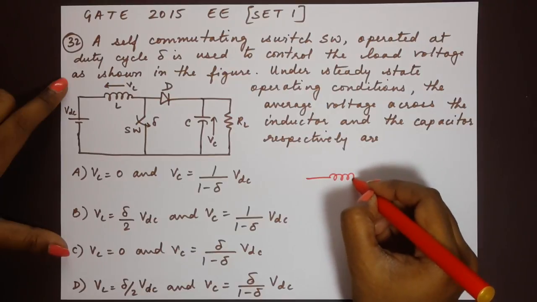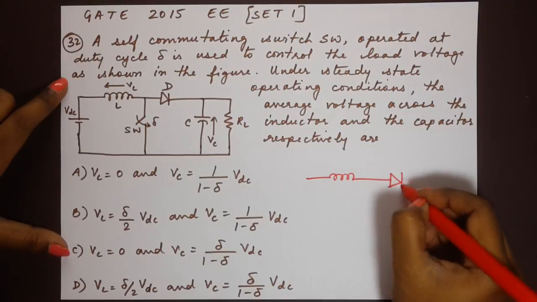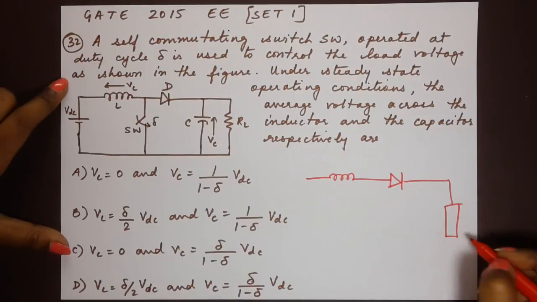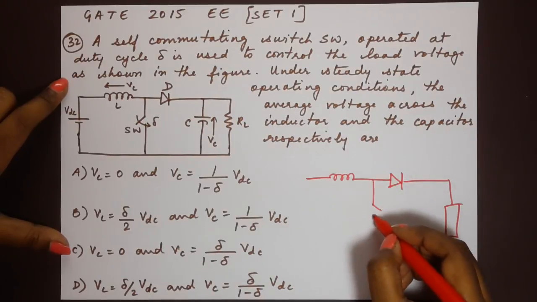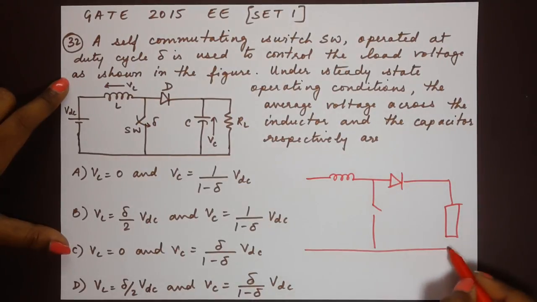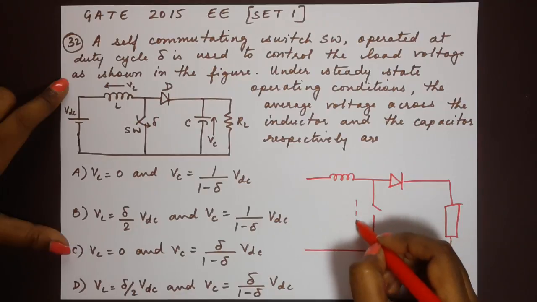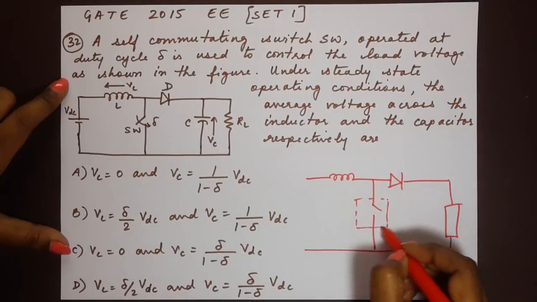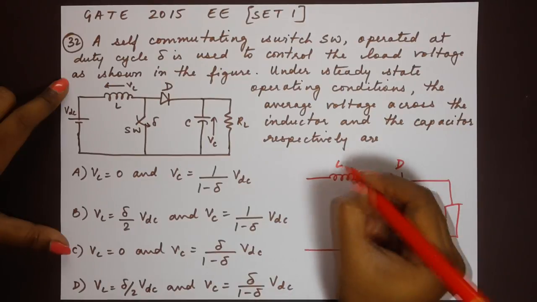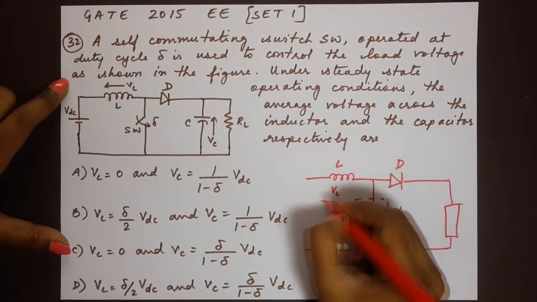So a step-up chopper circuit is as such. We have a diode here, we have our load here, we have our switch here, chopper switch, D, L, VL.